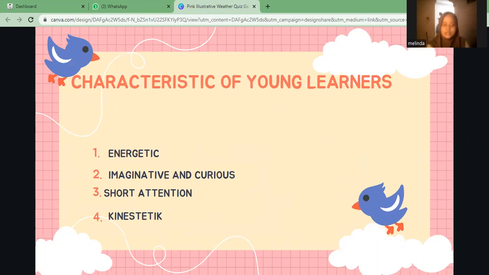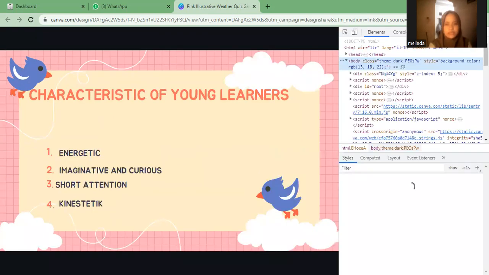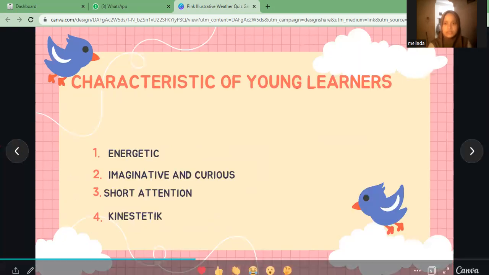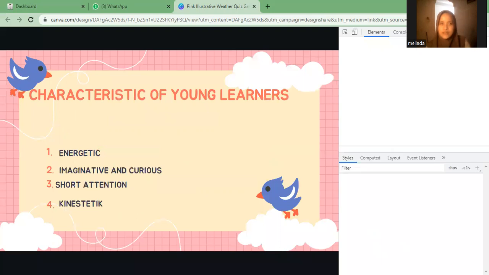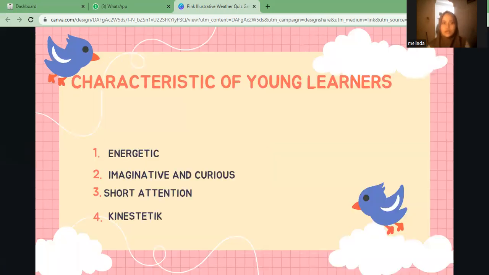First is energetic. What is an energetic student? I think energetic learners are the learners who always have the spirit to learn about something. Then what are imaginative and curious learners?